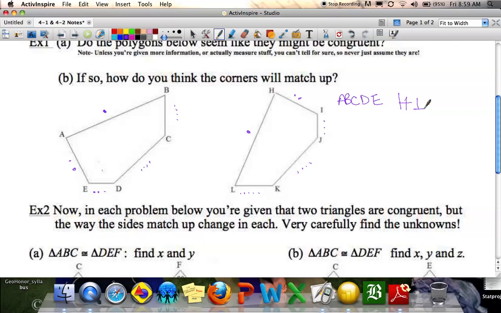So basically we go around until we match up all the vertices. So HIJ and then KL. And the congruent symbol is squiggly with an equal sign under it. So that is the proper matchup of that situation.